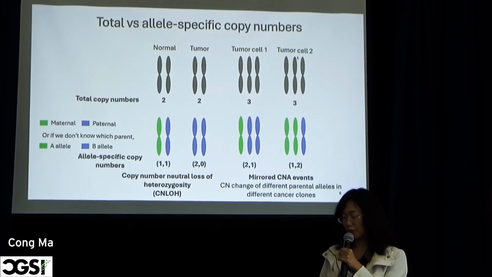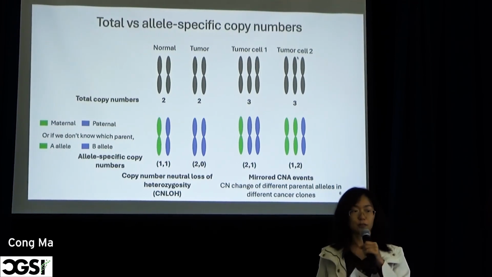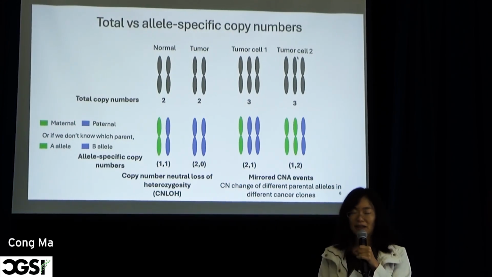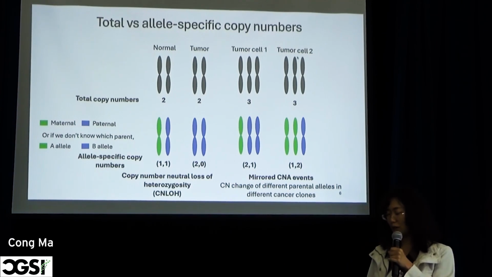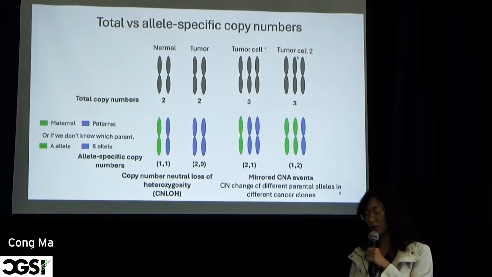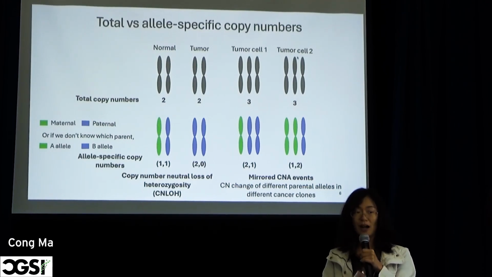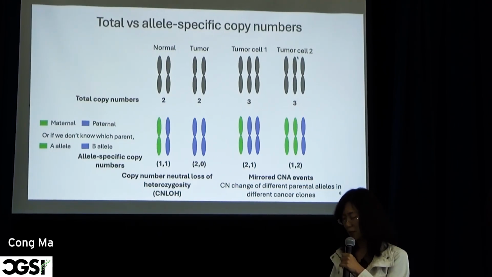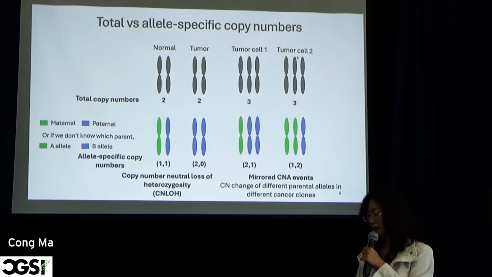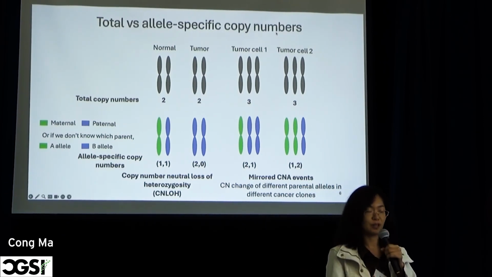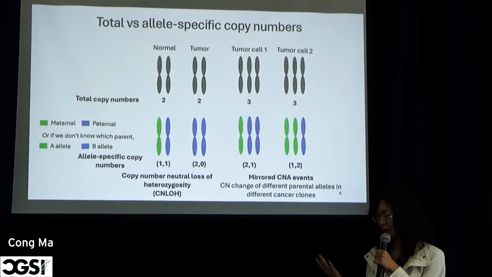Total copy number and allele-specific copy number. As I said, we have a maternal allele and a paternal allele, two copies, each from one of our parents. Total copy number means directly summing up the two copies from the two parents.